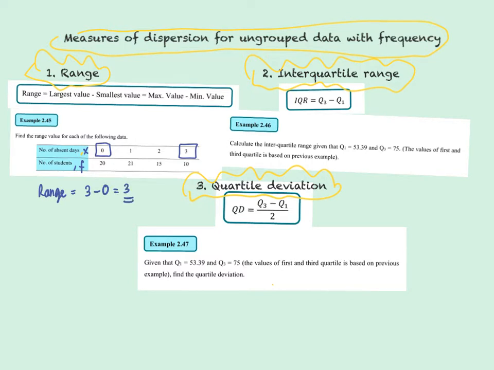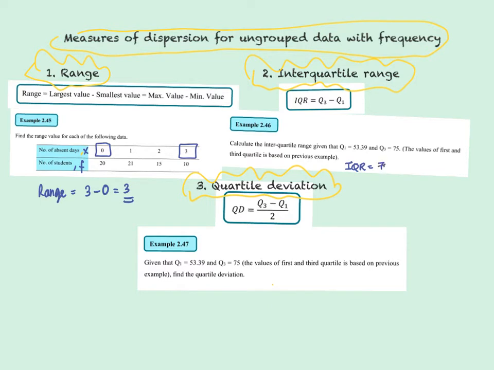So for interquartile range, under the assumption that you already calculated the value for quartile 3 and quartile 1, in example 2.46, quartile 1 and quartile 3 are already given right here. So you only have to calculate IQR according to the formula.